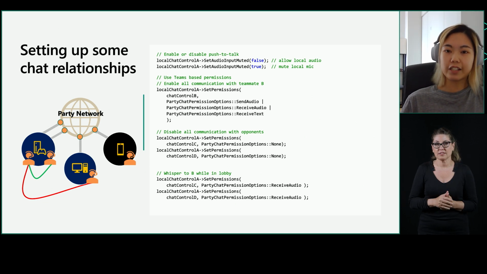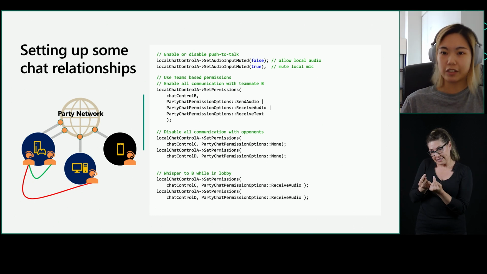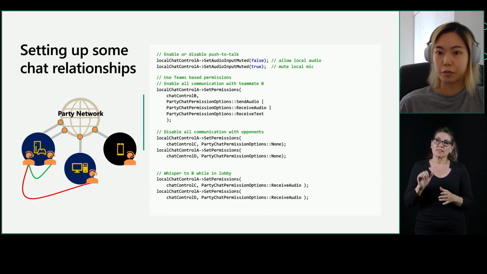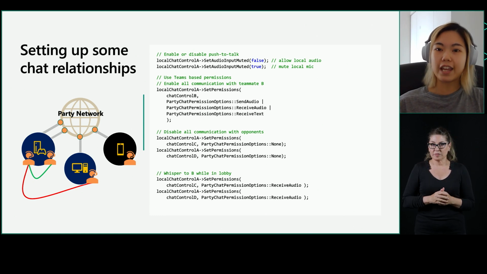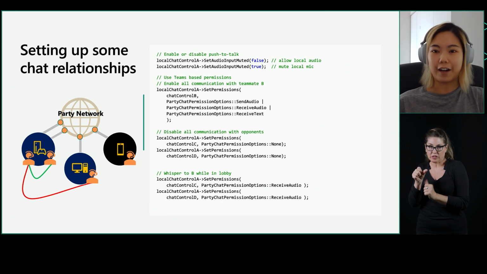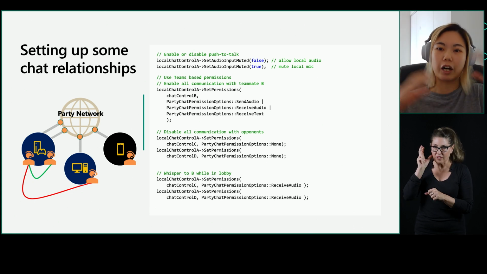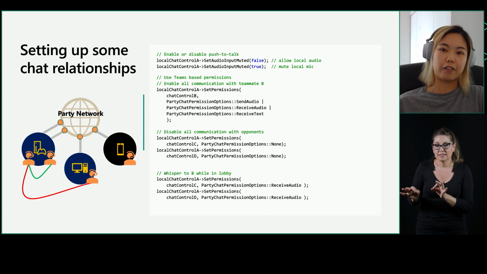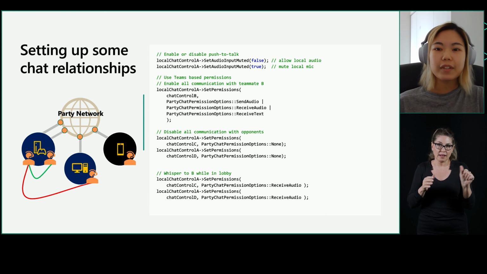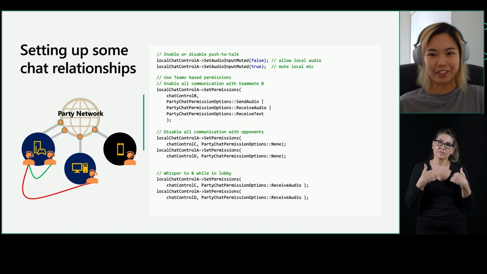And the next scenario is talking within teams. So this is fairly straightforward as well. Say A and B are a team. They want to talk to each other. So you would enable their send audio, receive audio. You would enable all these for A and B. And next we have do not talk to enemies.